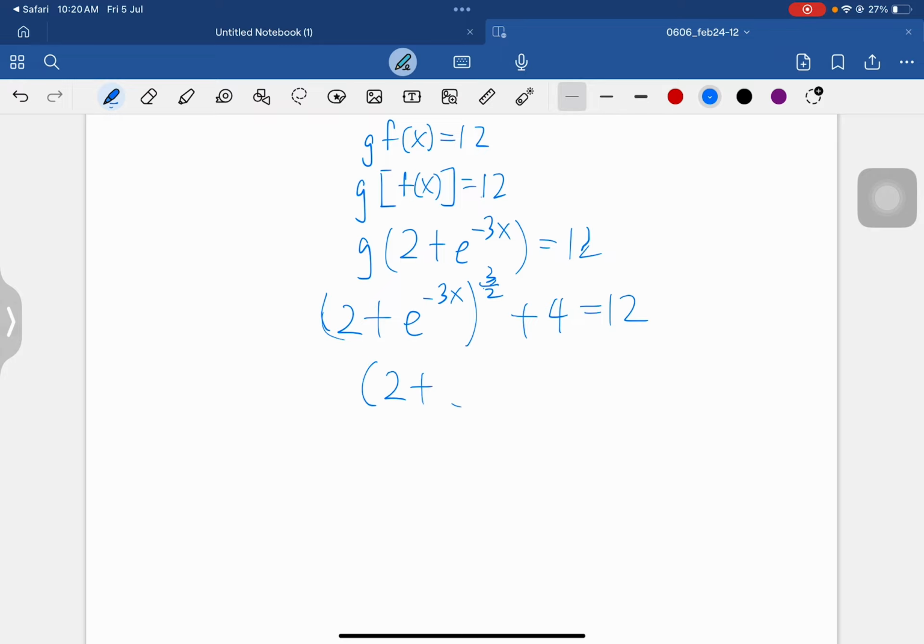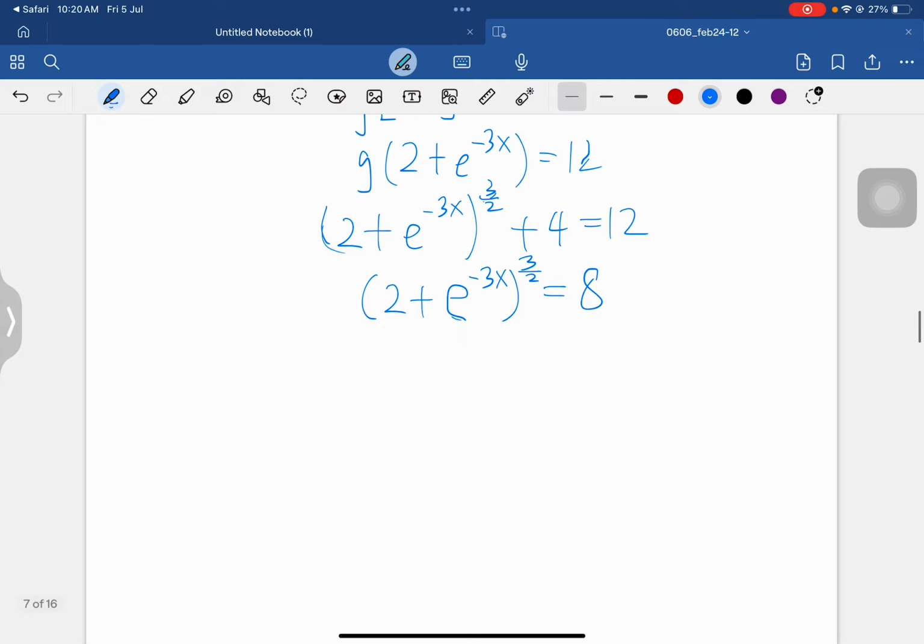So 2 plus e to the minus 3x to the power of 3 over 2 equals to 8. Throw the power to the other side, it will be 8 to the power of 2 over 3. And if you press the calculator or do mental calculation, it turns out to be 4.